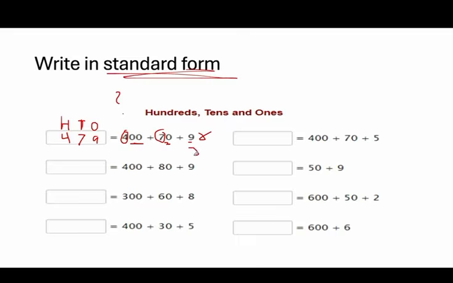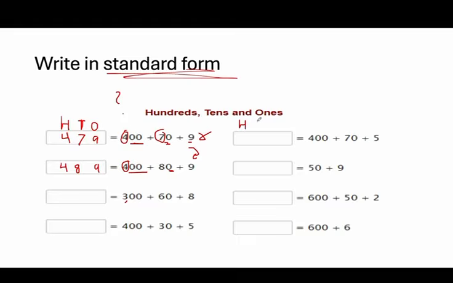Who can do this? Okay, so HTO, I'm going to write under the hundreds place the 4, under the tens place 8, under the ones place 9. Okay, now what's my first step?